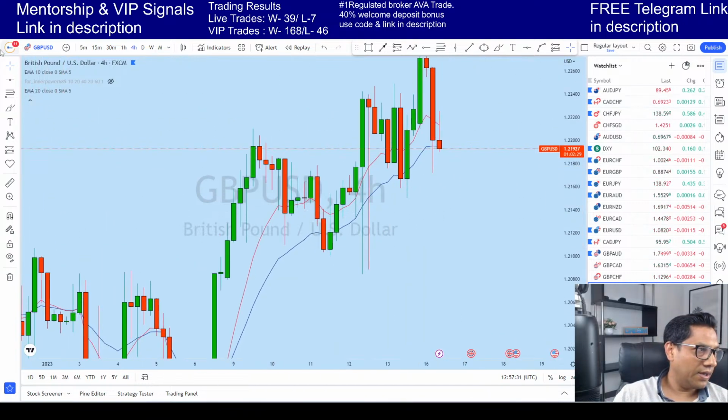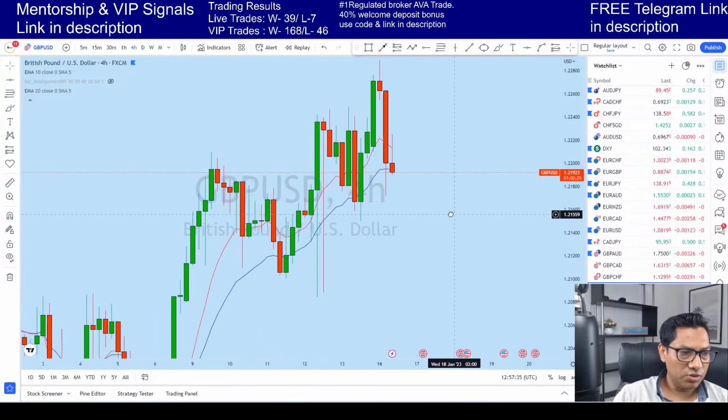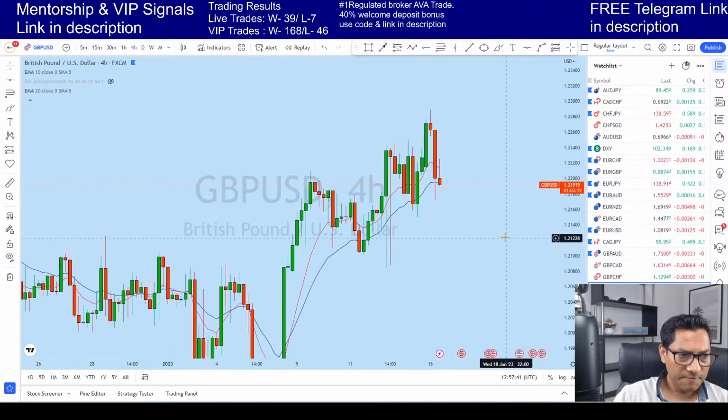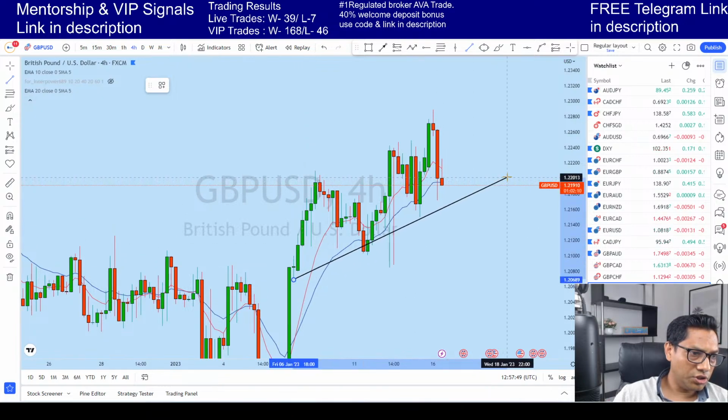But I wouldn't be a seller on this one, because the reversal is not confirmed yet. If we see reversal on gold, maybe we'll see all pairs reversing, but it's still a bullish trend. The price action is still bullish. We see a channel here on GBP USD.